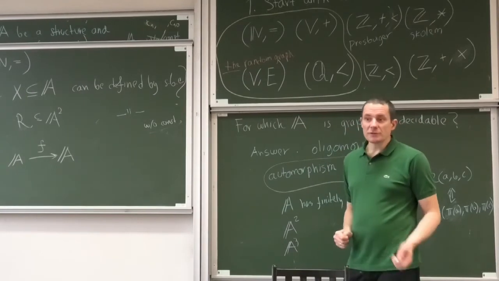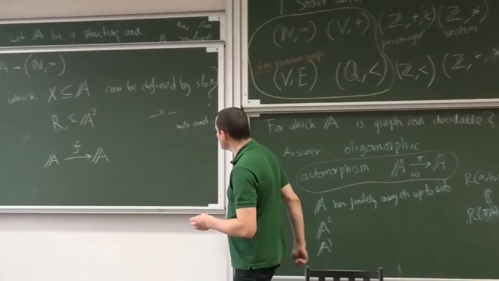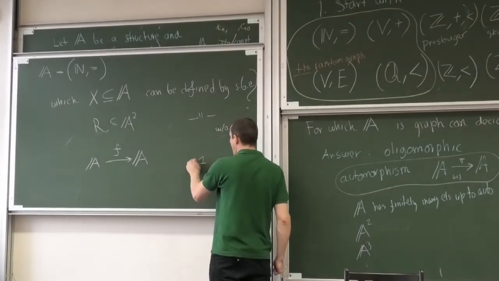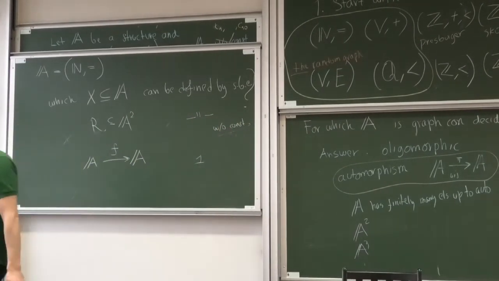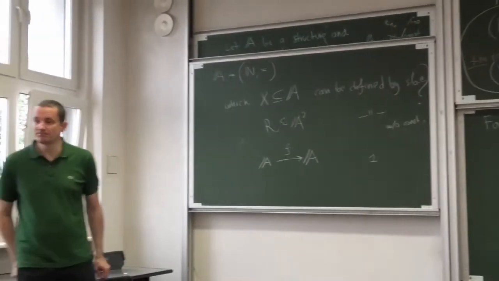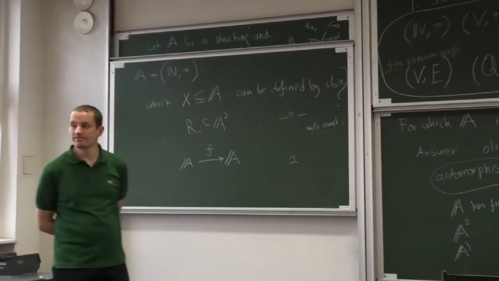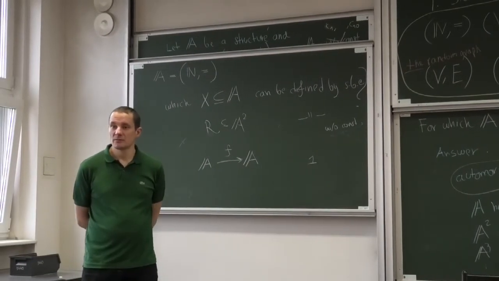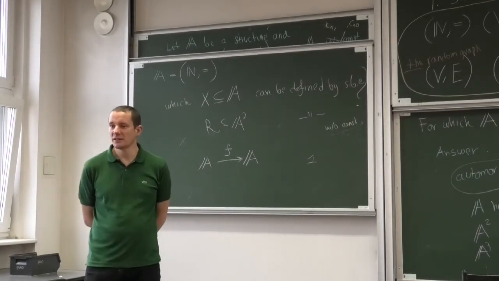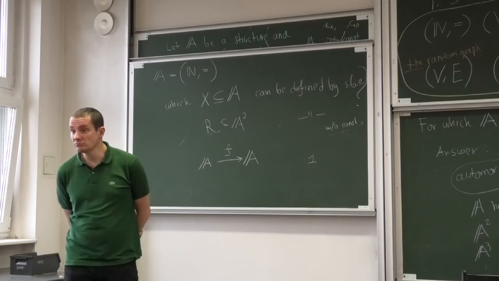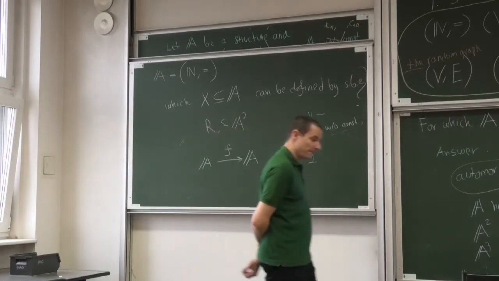So, what about if you're allowed to use constant 1? How many? This should be like 3 or 4. So identity is still okay. What else?